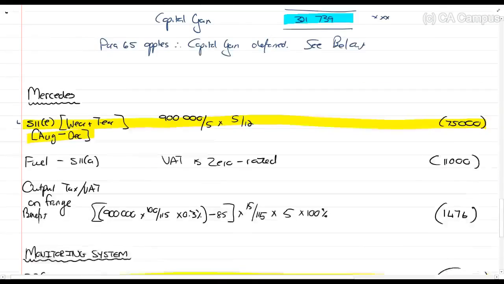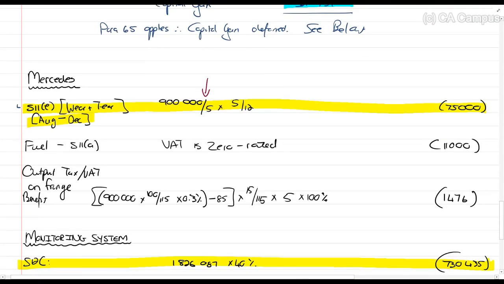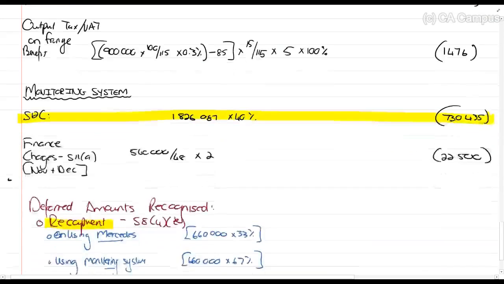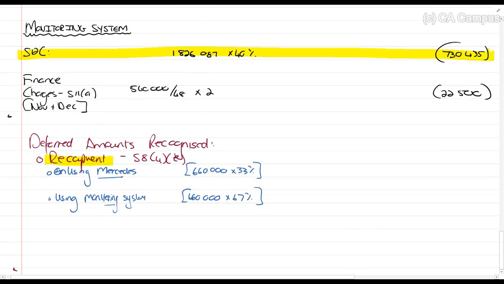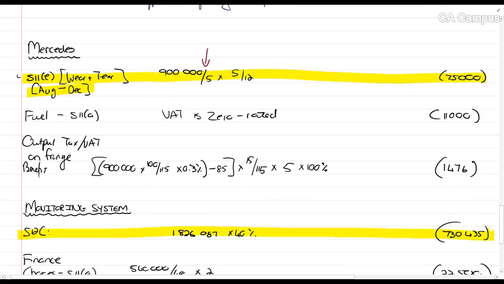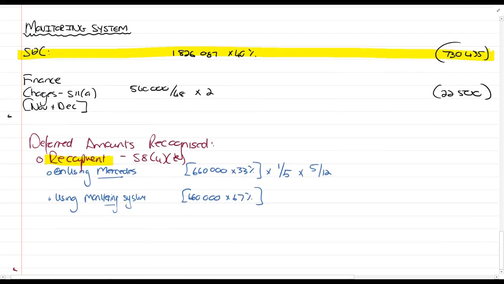Okay, now I want you to see. What did we do with the Mercedes? We said divide by 5 times 5 over 12. So times 1 over 5, that's divide by 5, times 5 over 12. So we do what we did there. What did we do with the monitoring system?